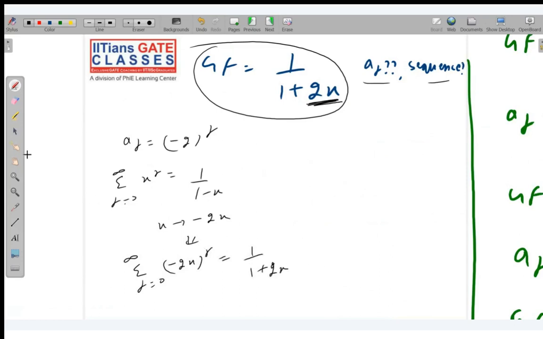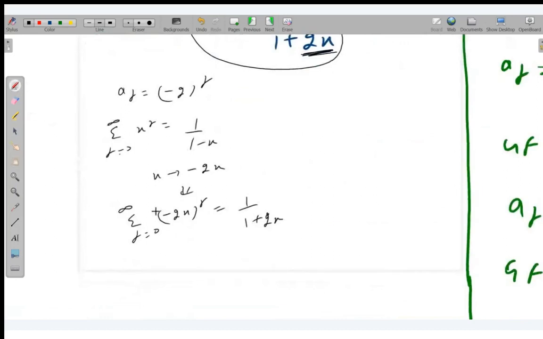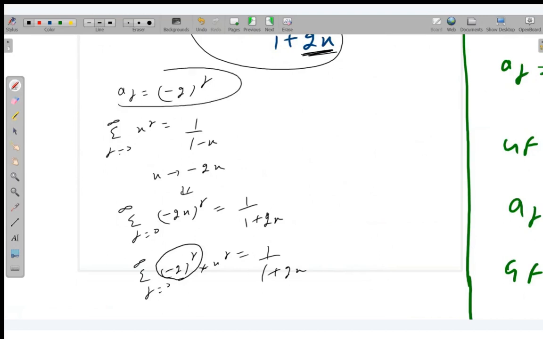Now I think you have got it: sigma r = 0 to infinity (minus 2)^r x^r is 1 upon 1 plus 2x. So the numeric function is (minus 2)^r. We have written here only a_r is (minus 2)^r.